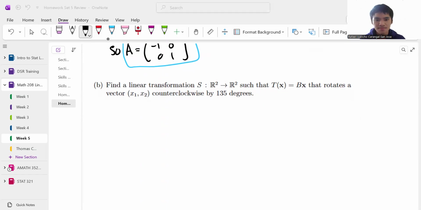Okay. How do we do that? So if we try basic vectors, and if we rotate them counterclockwise by 135 degrees, what would that be?